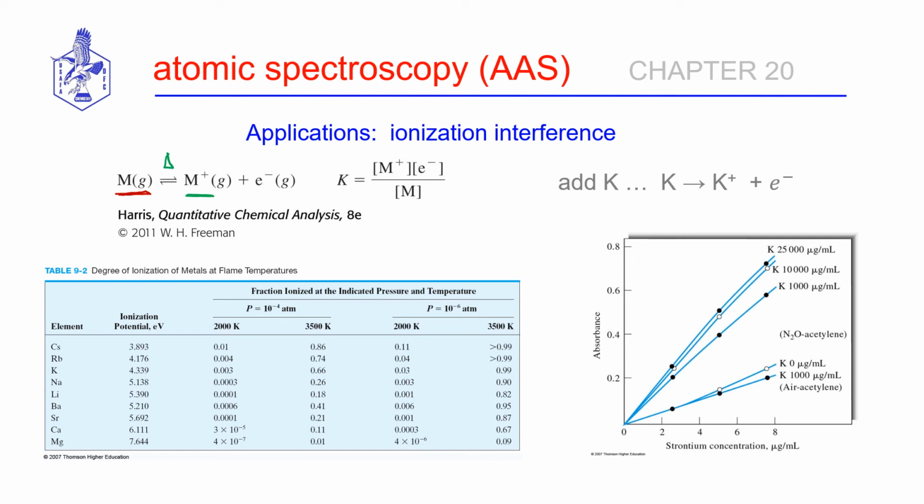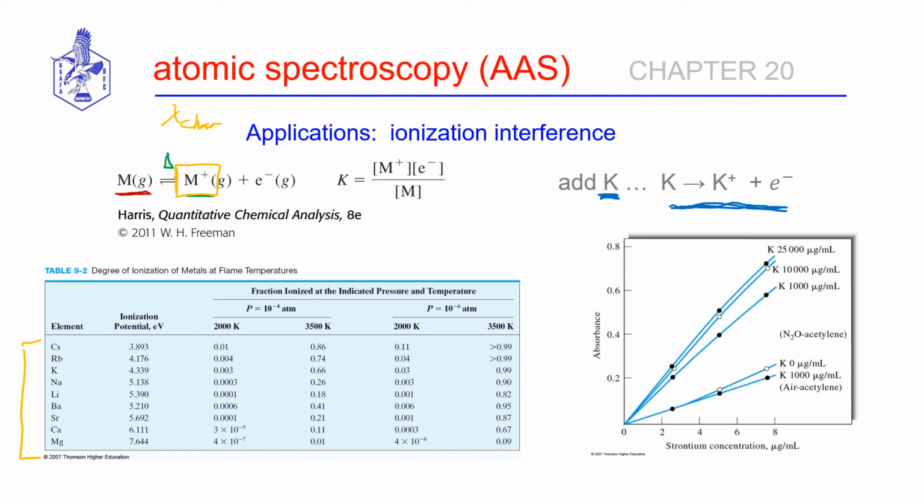That's bad because this species will not absorb the characteristic wavelength and will not be detected. To get around this effect, down in this table, you will see the ionization potentials of different elements. Obviously, some elements ionize more efficiently than others. If I intentionally add to my solution an element that is easily ionized, such as potassium, this process will occur efficiently.